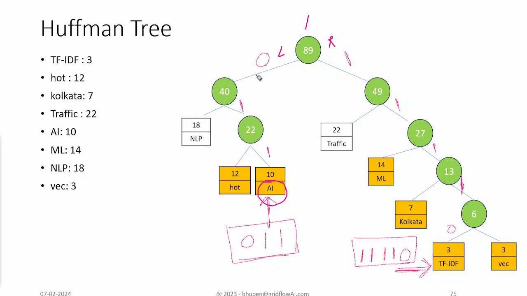So this is 0, then you take a 1, and then again a 1, meaning right, to get to AI. So the binary code or encoding of AI would be 0, 1, 1. Likewise, for TF-IDF, going right from the beginning, it will be 1, 1, 1, 1, and 0. That's the encoding for TF-IDF.